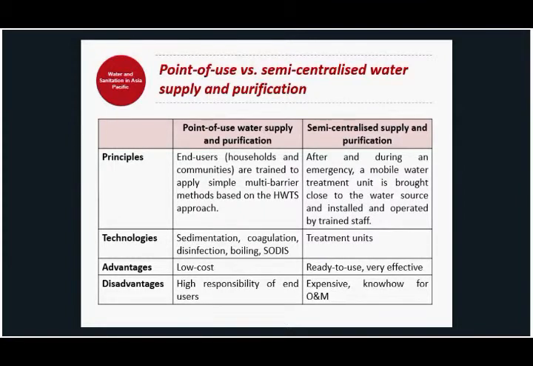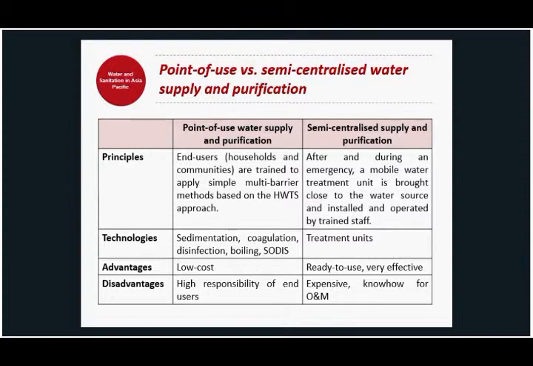And I've already mentioned a little bit regarding centralized water supply systems. What is actually the difference between household water treatment, which is at the point of use, and centralized water supply? As you might be aware from the previous webinar sessions, in the Red Cross we have multiple WASH disaster response kits that are mobile.